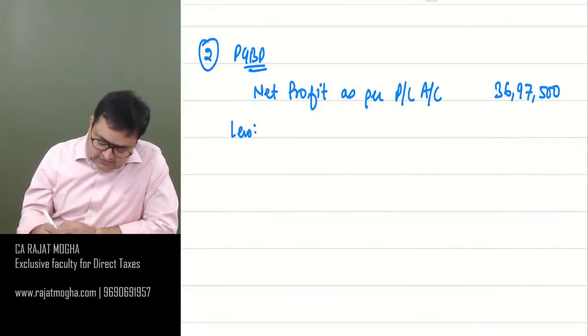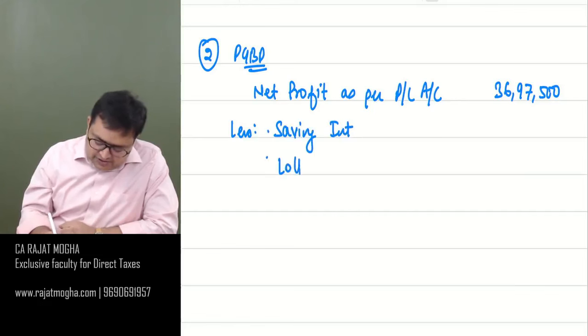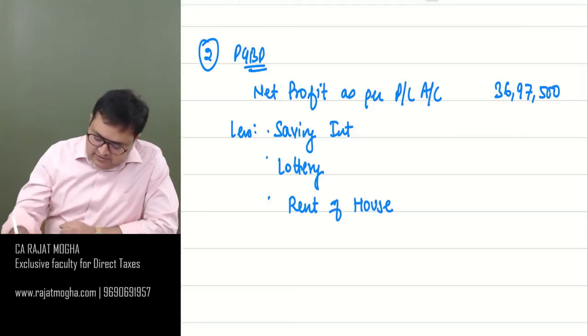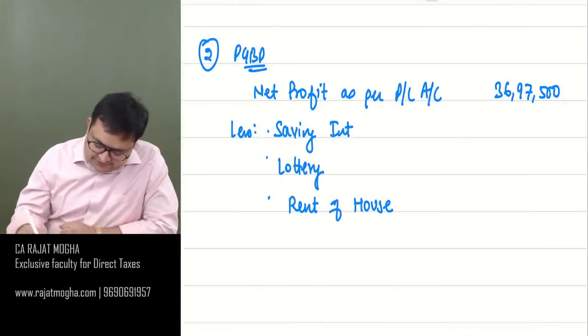Less: savings account interest, lottery, rent of house property. Savings account was 25,000. Lottery was 99,500.